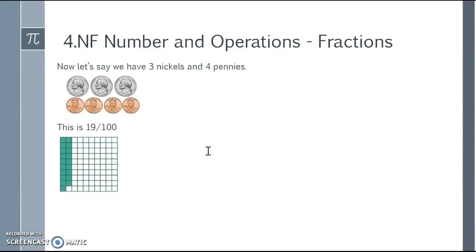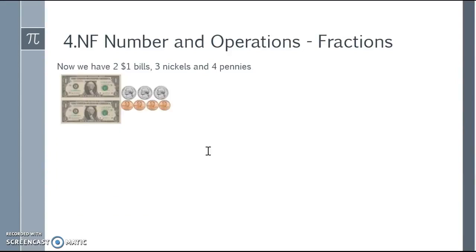Now let's say we have 3 nickels and 4 pennies. This is 19 cents or 19 out of 100, so 19 hundredths, and 19 of the 100 are shaded in our base 10 flat. This is written as 19 hundredths.